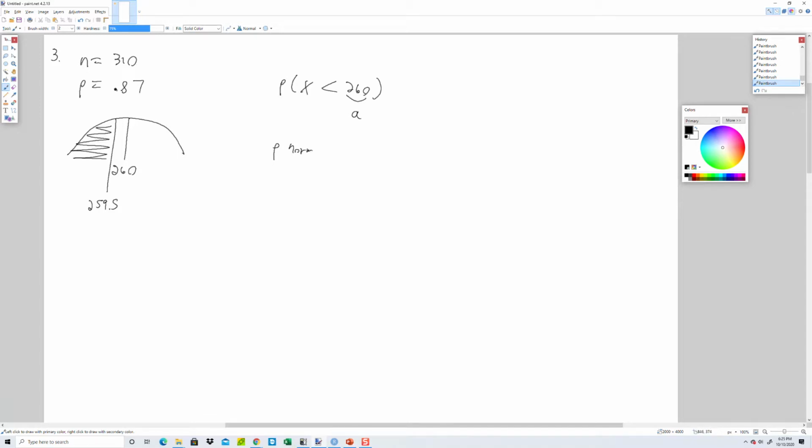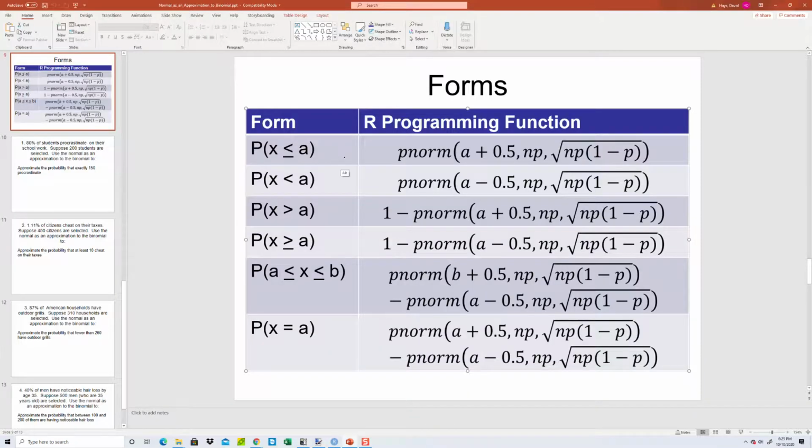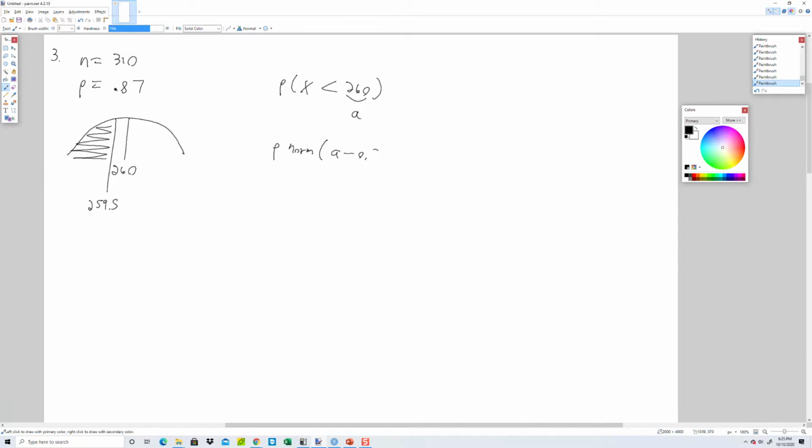So I got P norm A minus 0.5, N times P, square root of N times P times 1 minus P. Or P norm 260 minus 0.5. And then N times P, so I have 310 times 0.87, comma, square root of n, which is 310, times 0.87, times 1 minus 0.87.